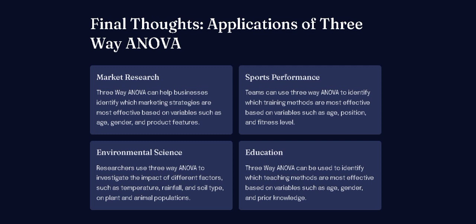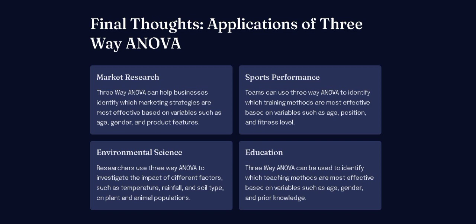For sports performance, a team can use three-way ANOVA to identify which training methods are most effective based on variables such as age, position, and fitness level.